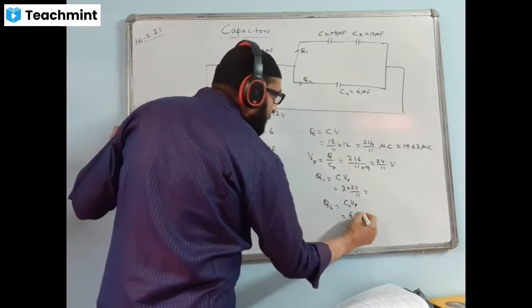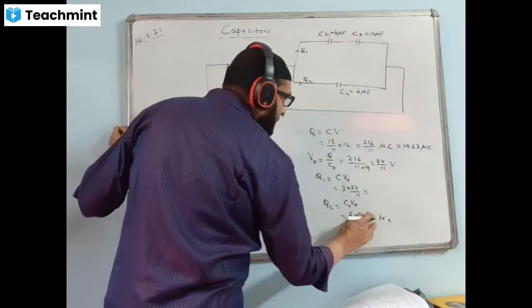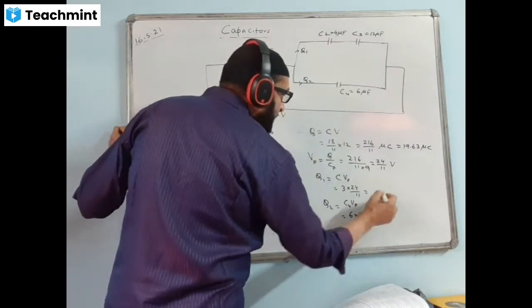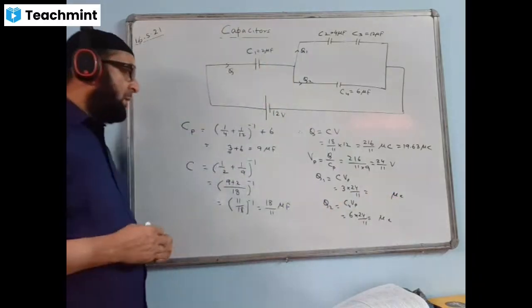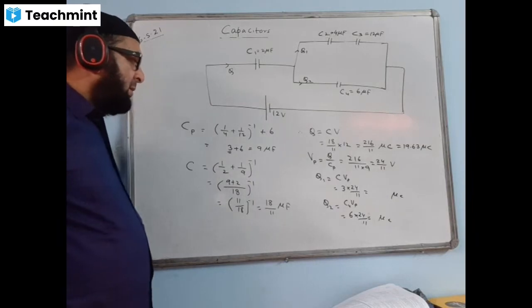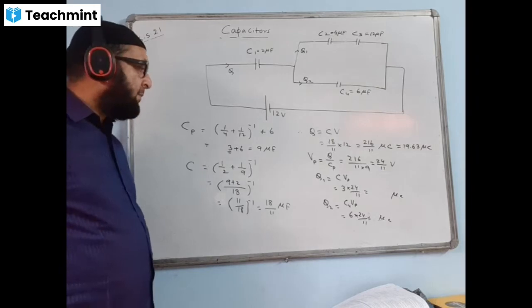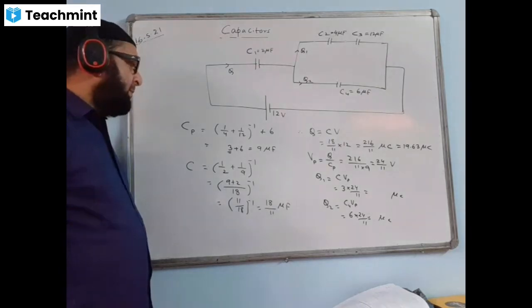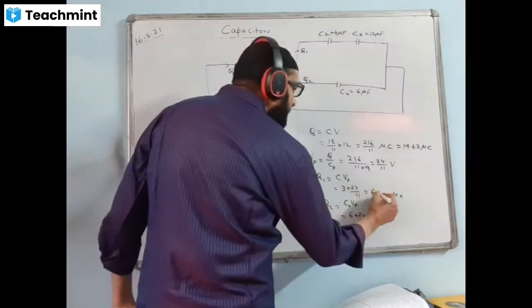This much microcoulomb will come. You can get the answer in decimal. 24 into 3 by 11, how much is the answer? Okay, 6.54. And here, 24 into 6 by 11.